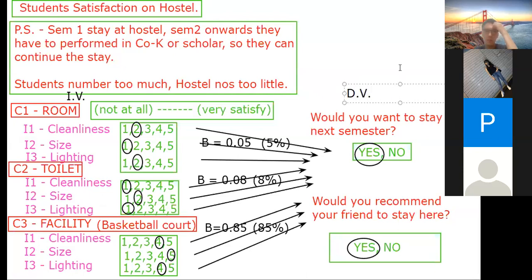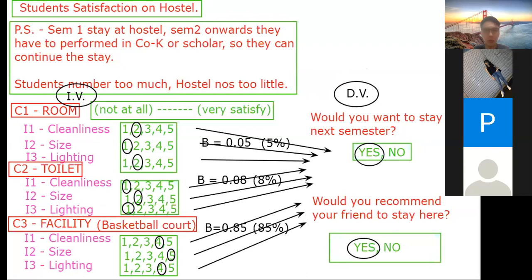Independent variable is the variable that stands alone. Dependent variable is a variable that depends on the independent variable.